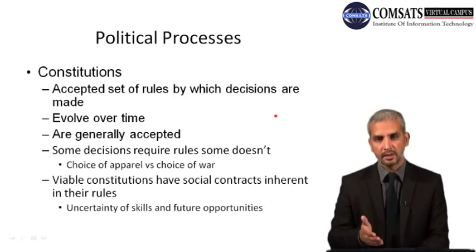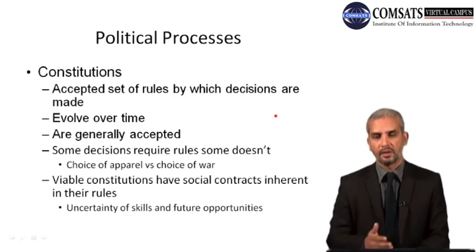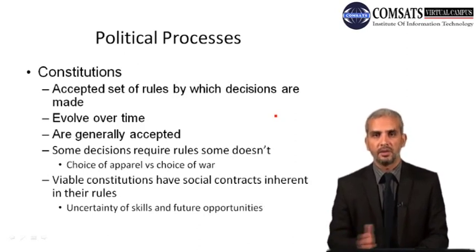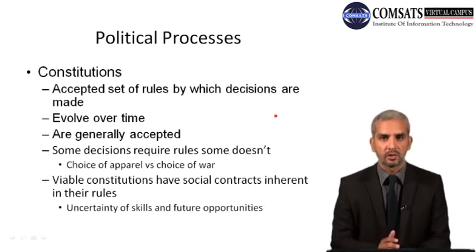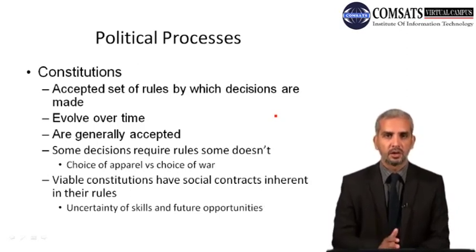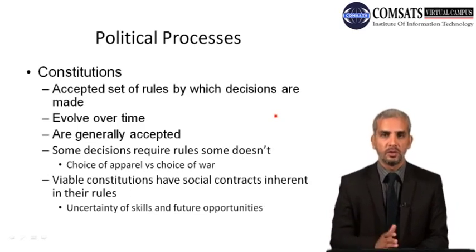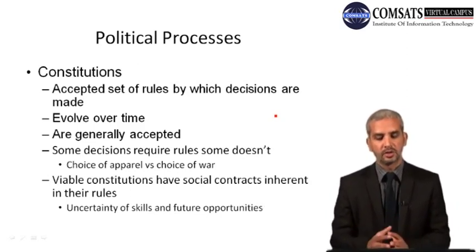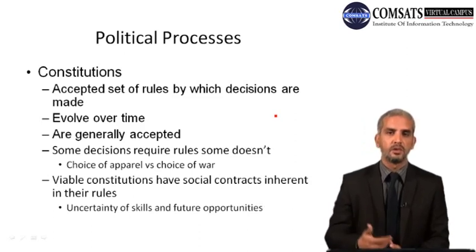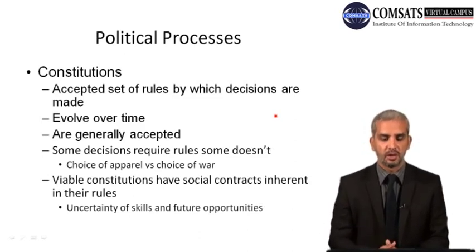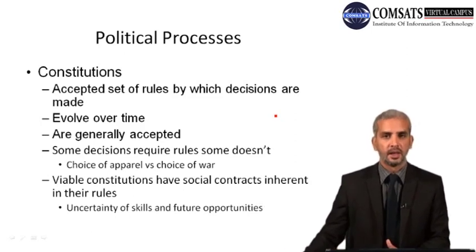Since that is behind a veil, in fact a veil of ignorance beyond which I cannot see, I cannot perceive the future, so it would be beneficial and I would be quick to enter a social contract. Those social contracts create rules, and those rules constitute the constitution, which is basically an accepted set of rules, generally accepted across the community for decision making.